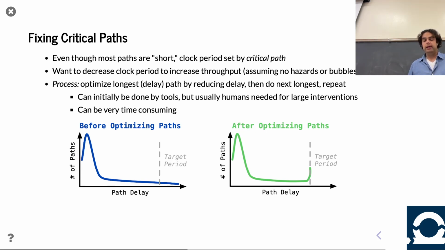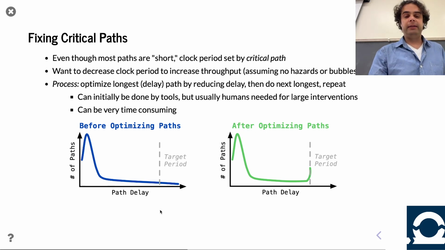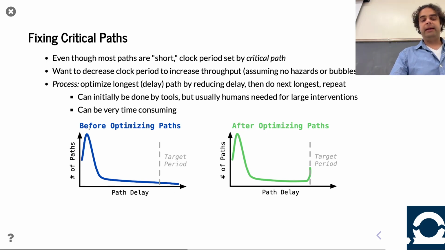Basically, you have a target period, and if you meet it, you're done. If you can't reach the target period, you have some number of paths that take too long. If you look at the delay across all the paths in your design, in this histogram most paths are really short and the delay is good, so you're fine. But a handful of paths are longer than your target period. Shoot, you have to go one by one through these paths and figure out a way to break them up and make them shorter.